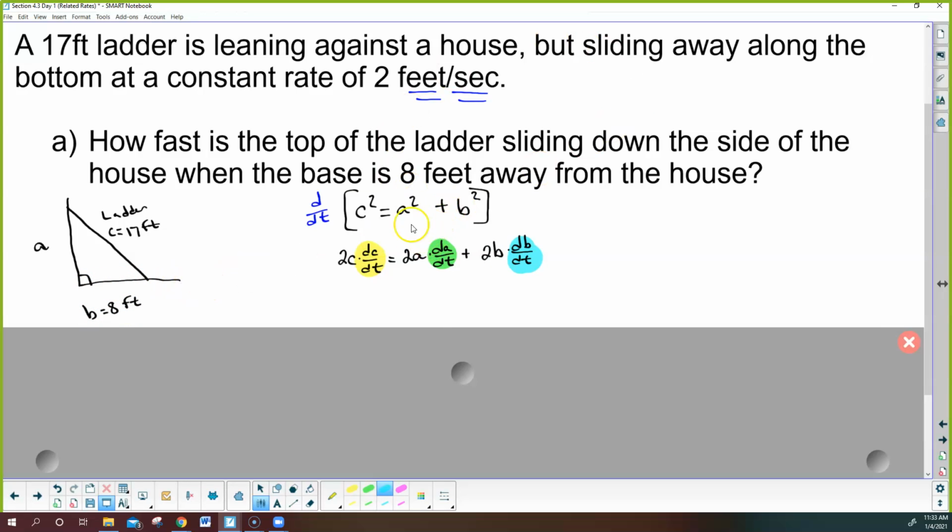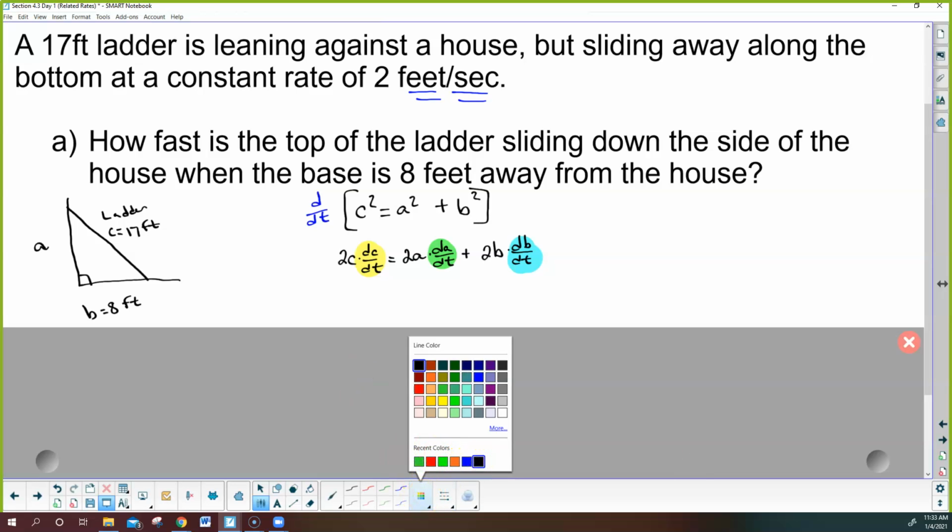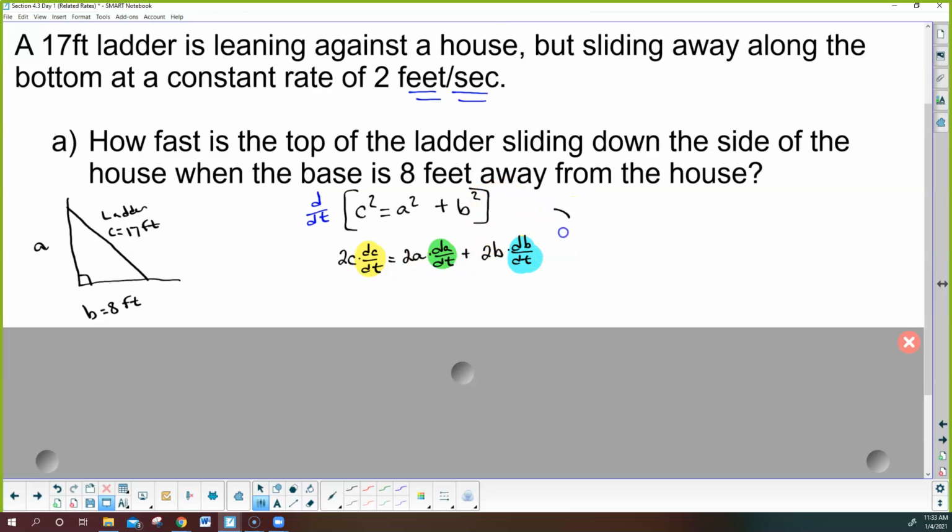Now, some of these we know, some of them we have to interpret and find out. But notice the big thing. We took the derivative, so we did implicit differentiation to find the rates with respect to time. And then the next thing we're going to do is plug in what we know.